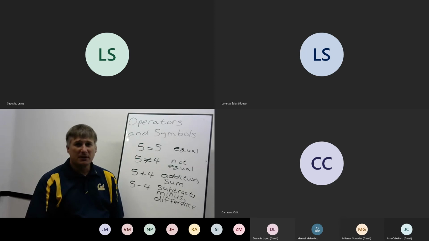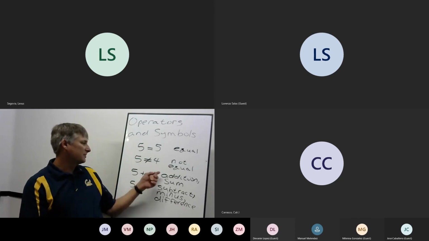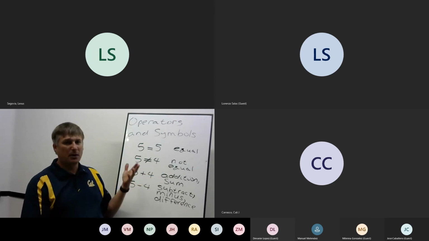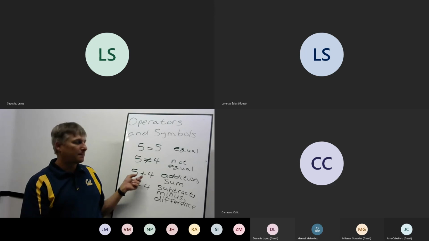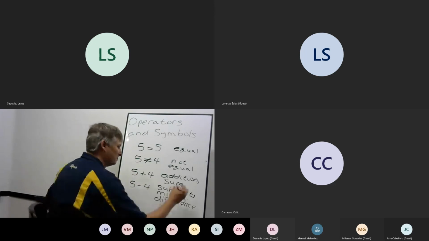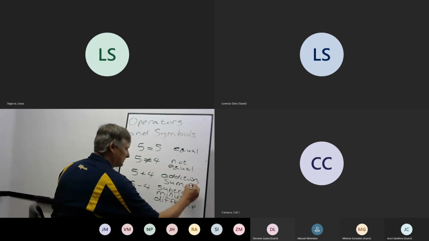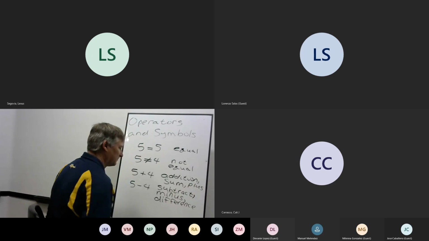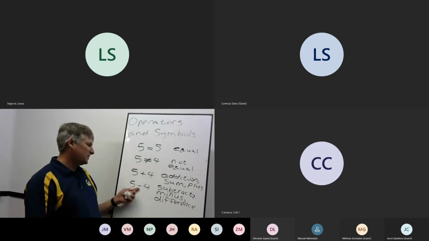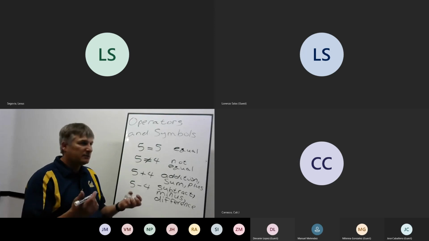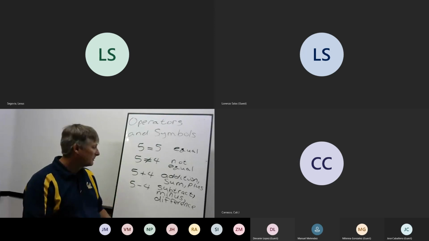So far, for these operations, whether addition or we use the word sum, they all need the plus sign. This is the symbol for subtracting, minus, or difference. All right, we've seen some of this before.